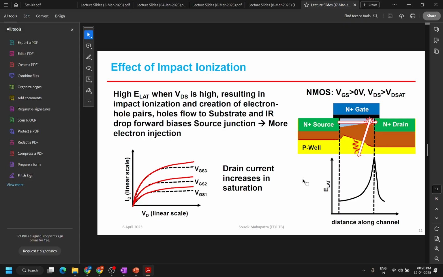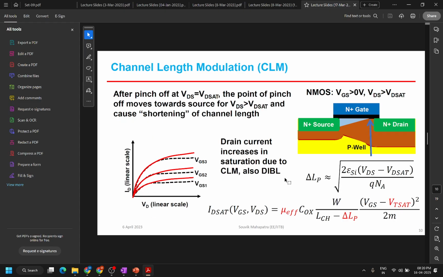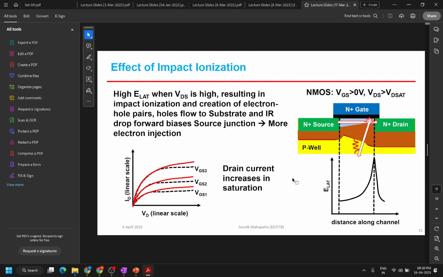But what happens is, even in the weak inversion region you will have current when your channel is not properly formed. That creates an issue, but it is not that huge of an issue. More serious are channel length modulation and threshold voltage shifting.